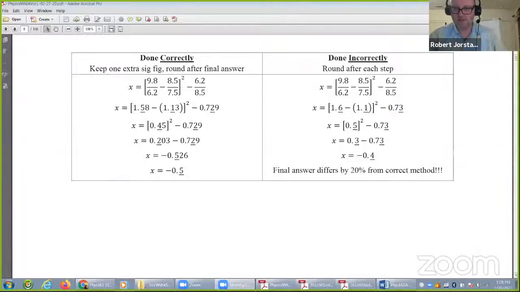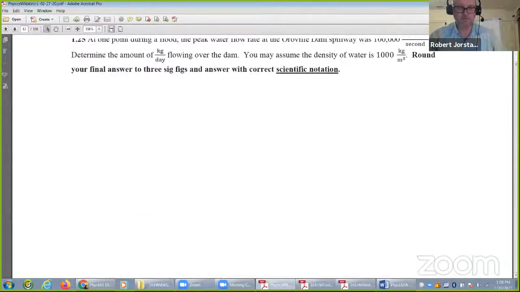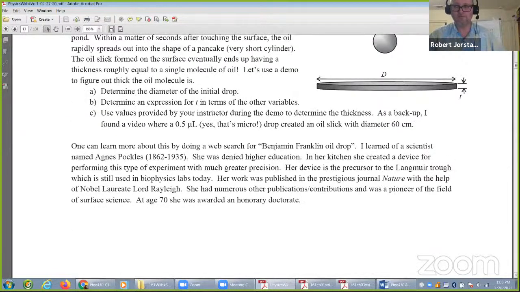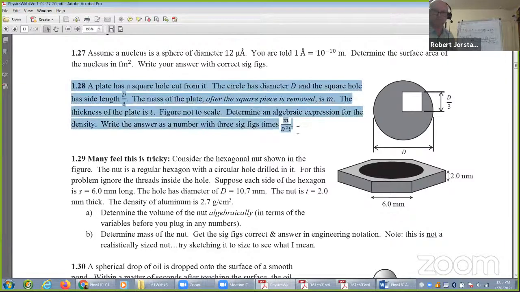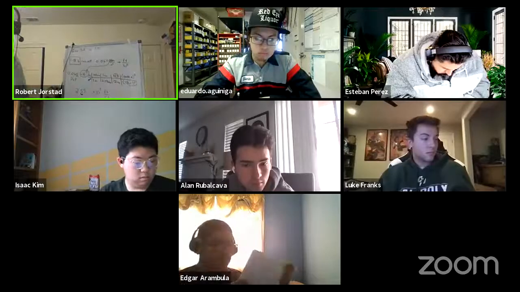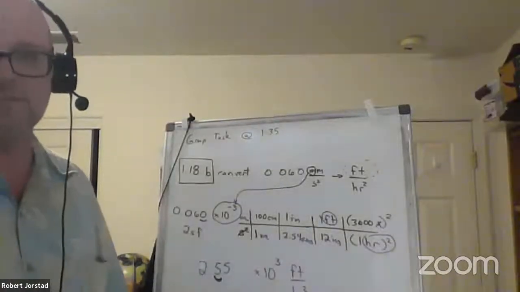Let's look at another question. Let's go to 28 in chapter 1. Okay, so in this case, let's look at 28 really quick. Actually, let me screen share while I'm doing this so you can see.